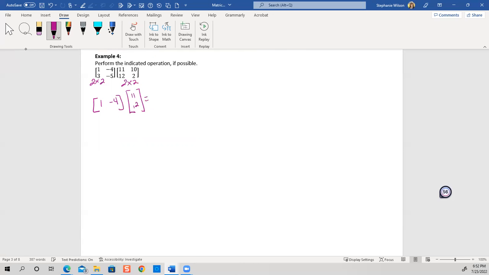Give me just a second. Let me come over here and write something down for you. So we got row 1, 1. It's notated as A, i, j, where i is the row, j is the column. So row 1, column 1. Row 1, column 2.